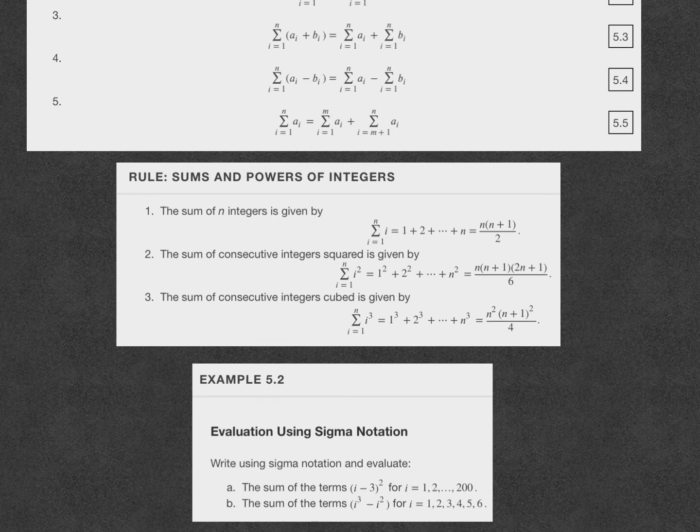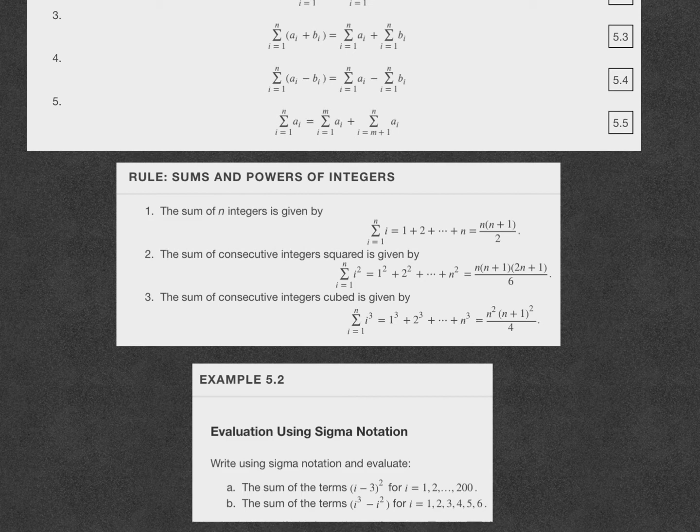And summing a bunch of cubes, the sum from i equals 1 to n of i cubed, is given by that expression. So it's a shorthand way. If I needed to sum the first 100 cubed terms, instead of adding them all up individually, I could use this formula and save some time.